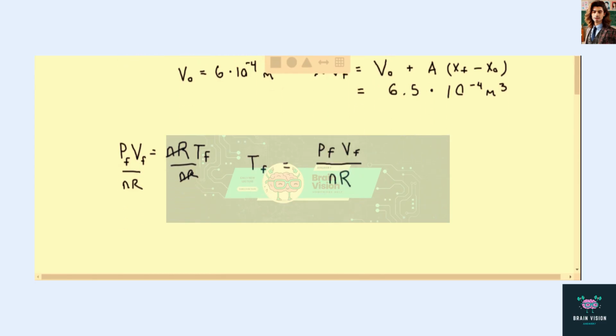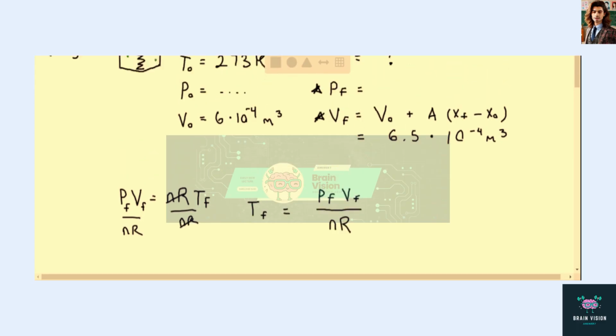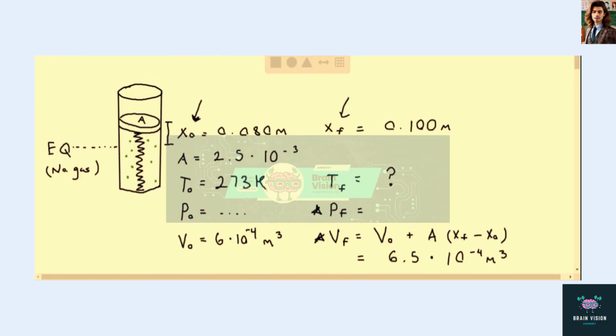So what about the final pressure? Since this system is at equilibrium, we know that the pressure acting upwards on this mass is equal to the force resisting it from the spring. So how could we write that with Newton's second law?